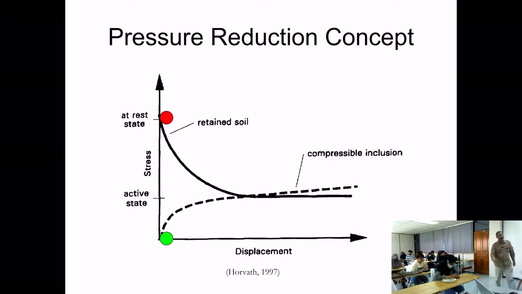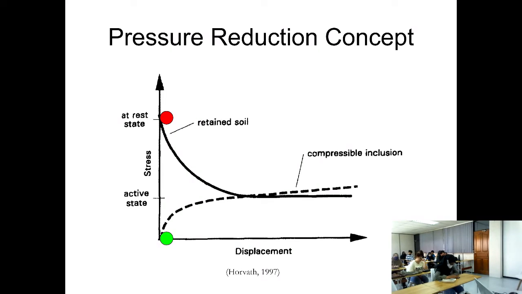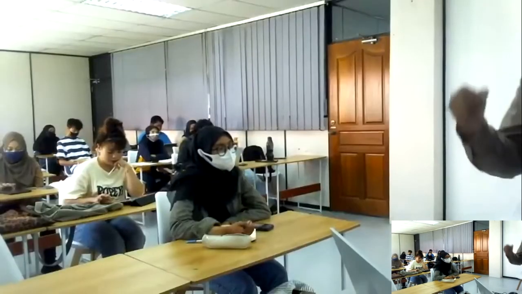So the concept is to create what we call active state, especially behind retaining wall. So you want to make sure the displacement or the deflection matches the need for the active state, and also it doesn't displace too much that it can promote failure instead of strengthening the situation.